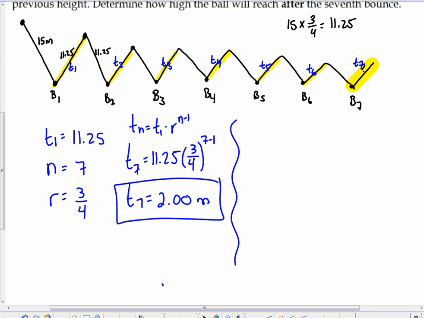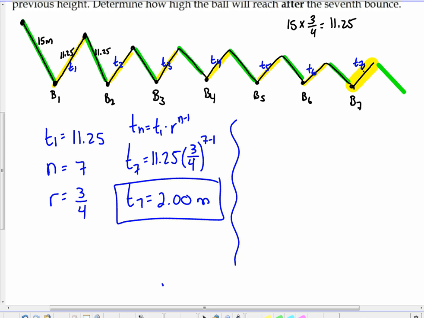There's our answer. Now the other way we could set this same problem up is if, so this was 15. Do I want to draw this all over again? Not really. If I want to make 15 my term 1, then what I'm looking for, this would be term 2, 3, 4, 5, 6, 7.